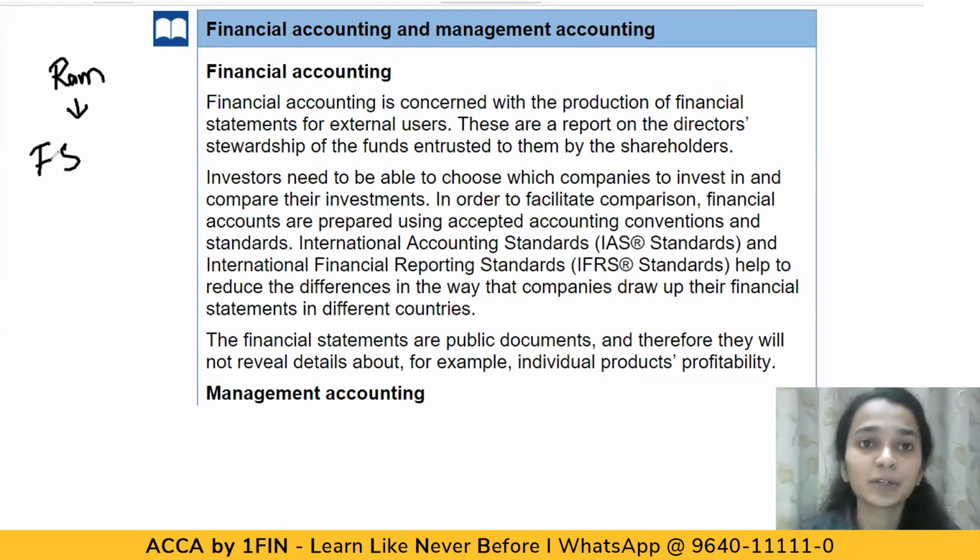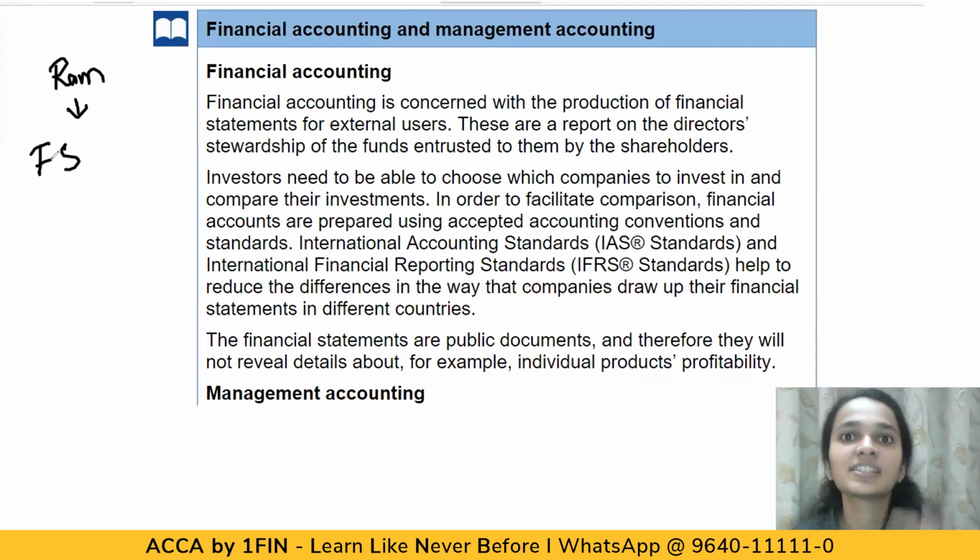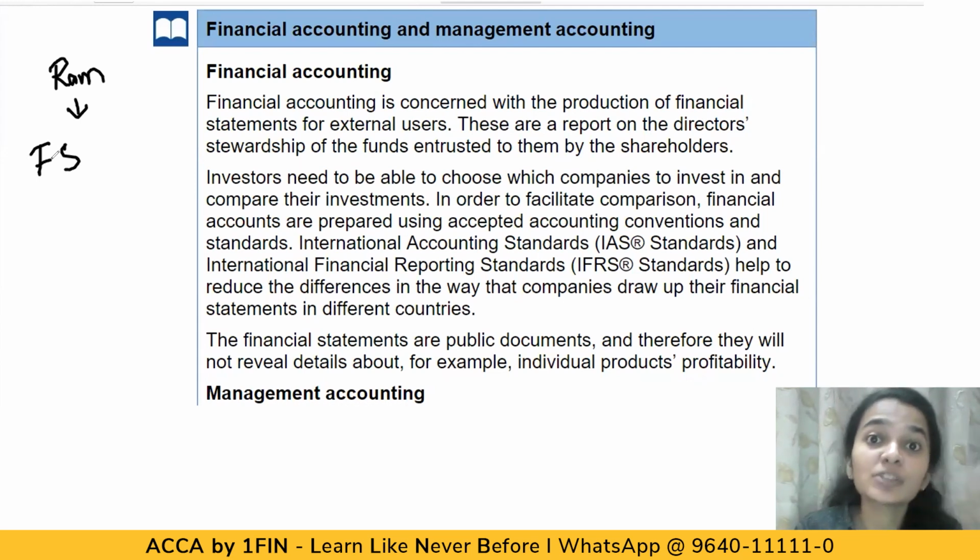End users here could be the customers, the investors, different people who would want to analyze the financial position of the business in which they have invested, how the business is going, whether the company is making profits, whether it is making losses, whether there is a possibility that the business grows in future. All of this can be analyzed by looking at the financial statements of any business organization.